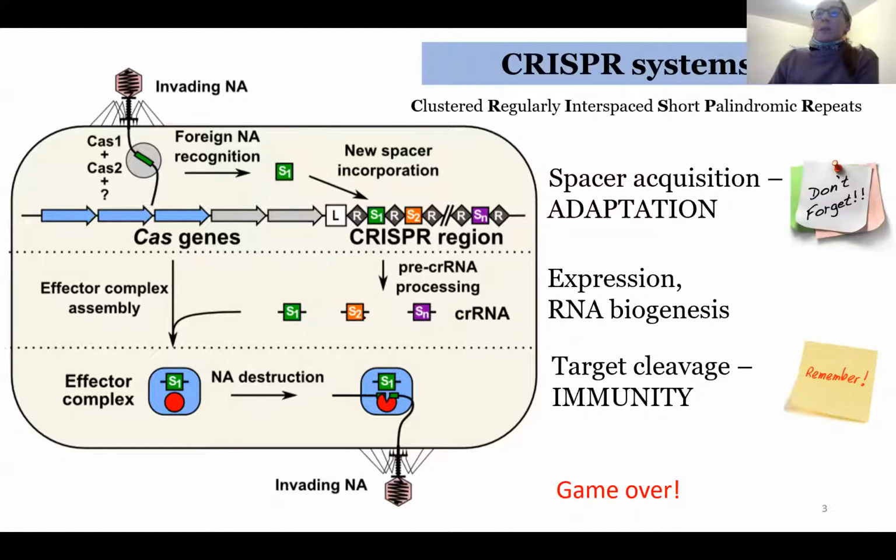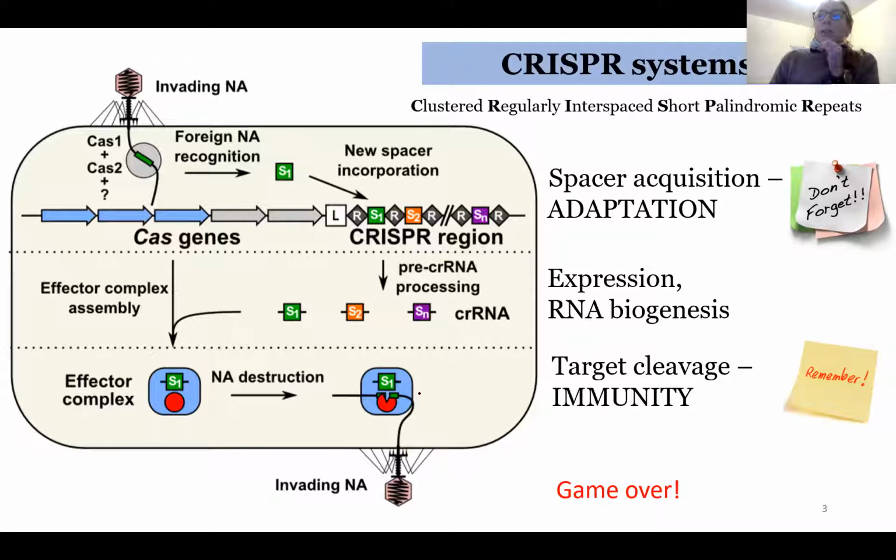And this RNA contains each piece of this barcode that's already in the CRISPR region. And after the expression, it forms a complex with the Cas gene, effector gene, and can guide the complex for target cleavage, or the immunity stage.